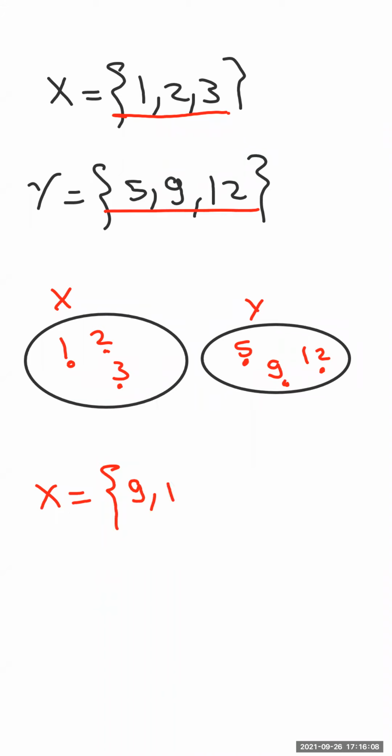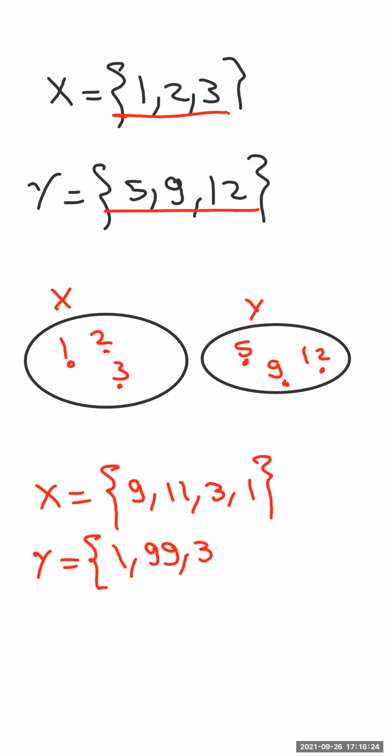So I mean by the common elements like this: if X equals 9, 11, 3, 1, and Y equals 1, 99, 3. In this case, look for the common elements.